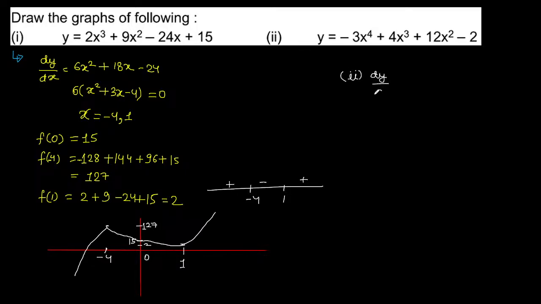dy by dx equal to minus 12 x cube plus 12 x square plus 24x. We will take minus 12x common. It is x square minus x minus 2.